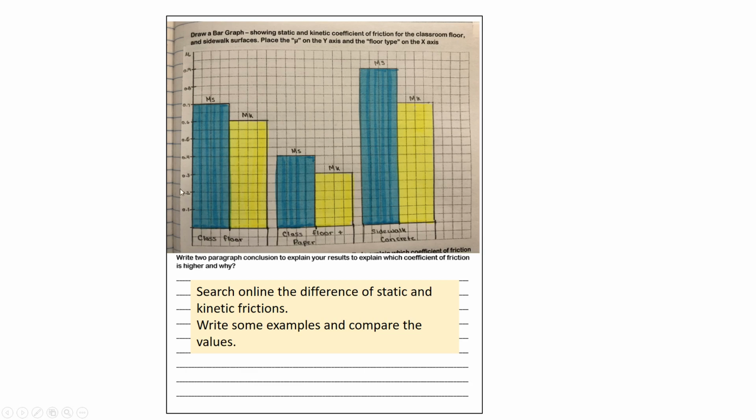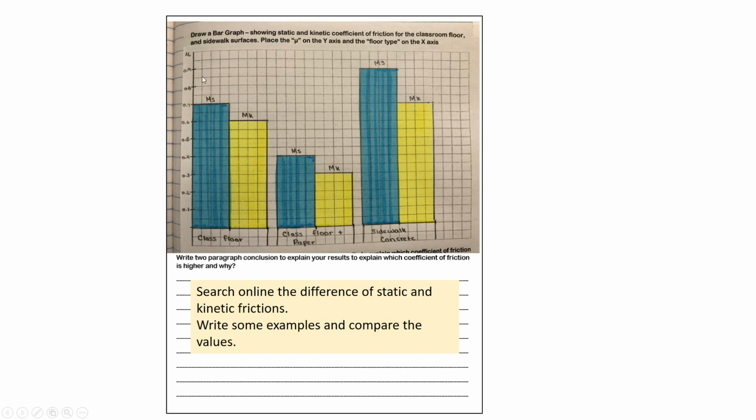Once you calculate your coefficient of friction for each case, static and kinetic friction, you are going to draw on your vertical line the value of the coefficient of friction, and on the horizontal axis you are going to raise your bar based on the number that you obtain in your calculation.